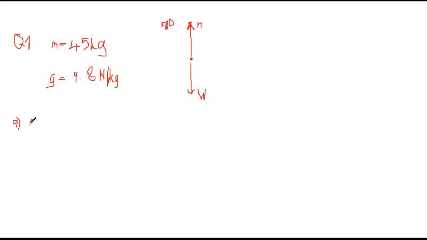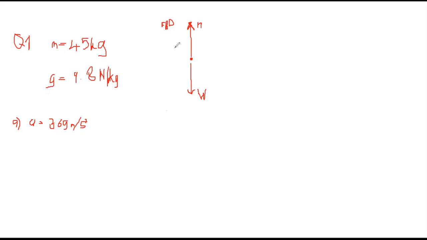Then a. They are telling us that the elevator is accelerating upwards at an acceleration of 3.65 meters per second squared. So let's say a is going to be 3.65 meters per second squared. Please pardon my handwriting. In this case, we might need to consider our axis nicely.